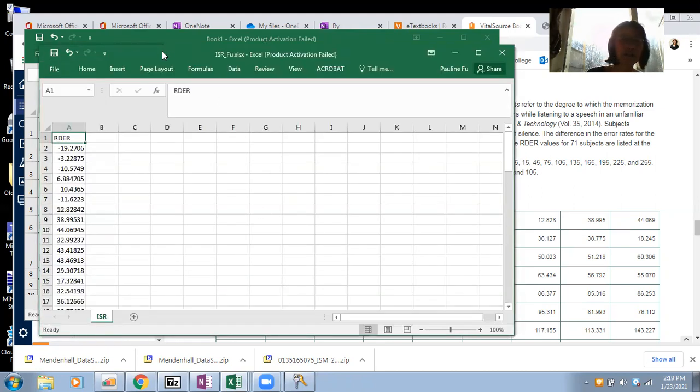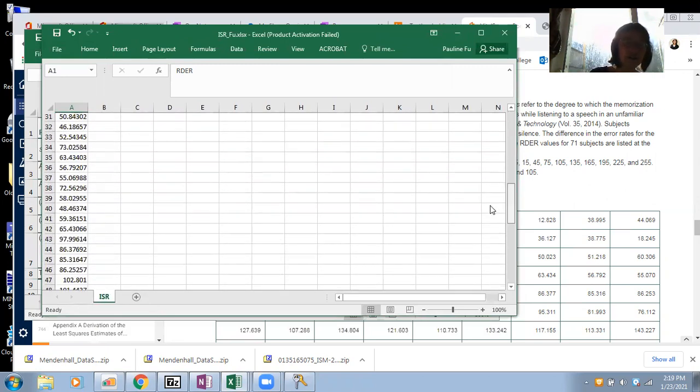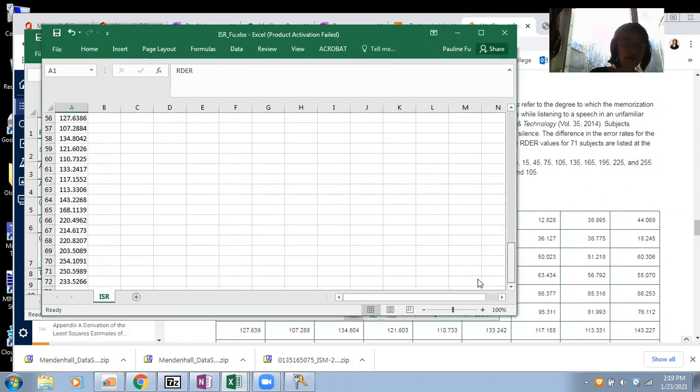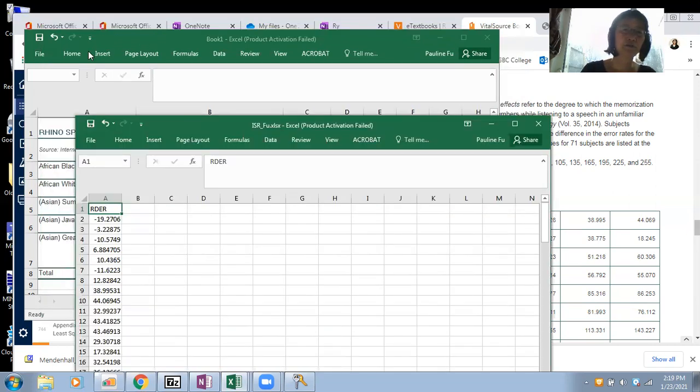All right, so this is the data. Once you get this data, see, there are a total of 71 data points. Okay, the first row is the heading. So question A. What is question A here?